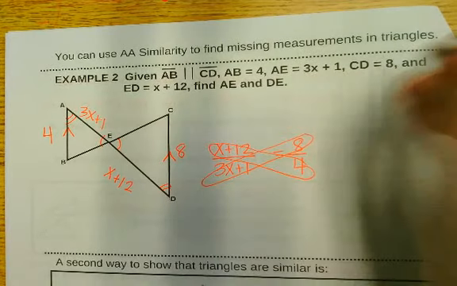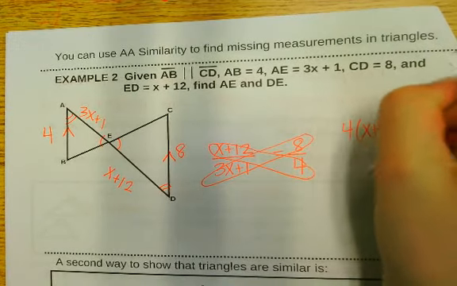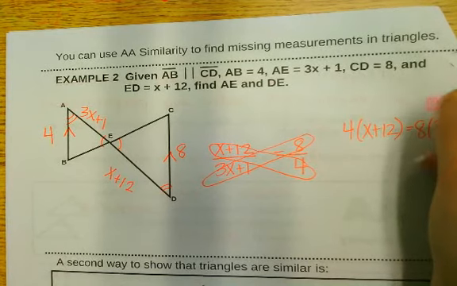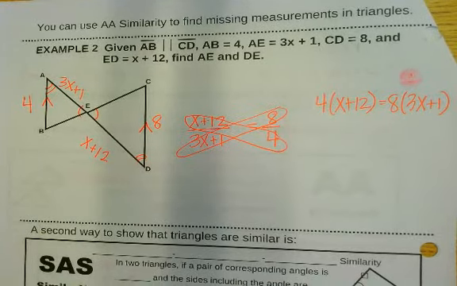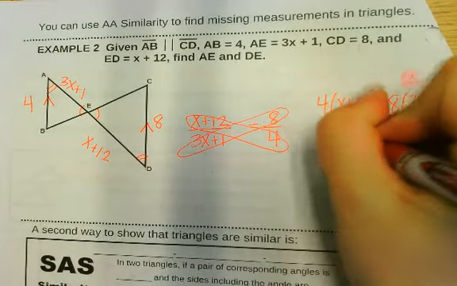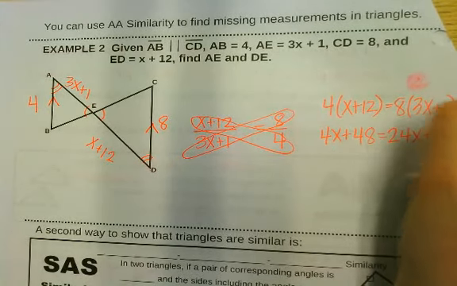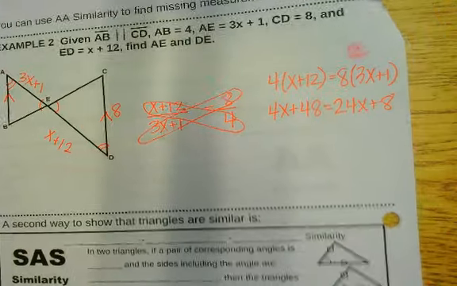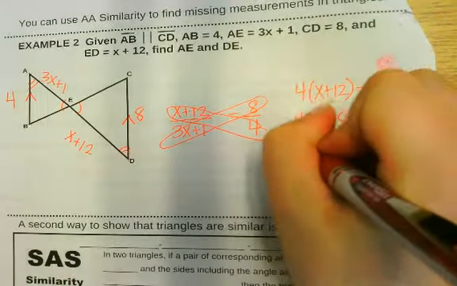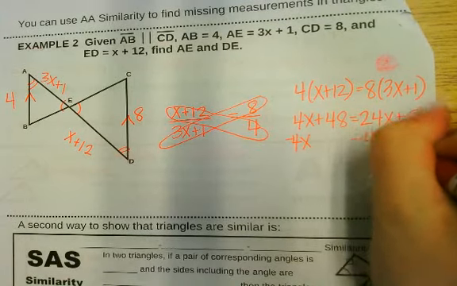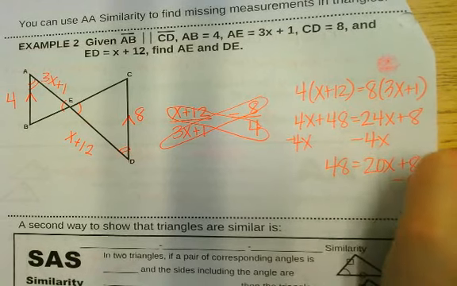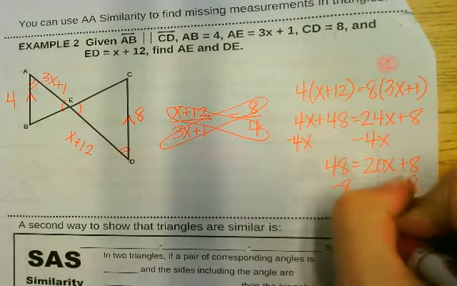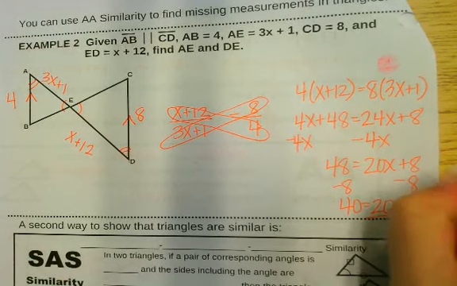So I have 4 times x plus 12 equals 8 times 3x plus 1. 4x plus 48 equals 24x plus 8. Subtract 4x. 48 equals 20x plus 8. Subtract 8. What does x equal? 2.